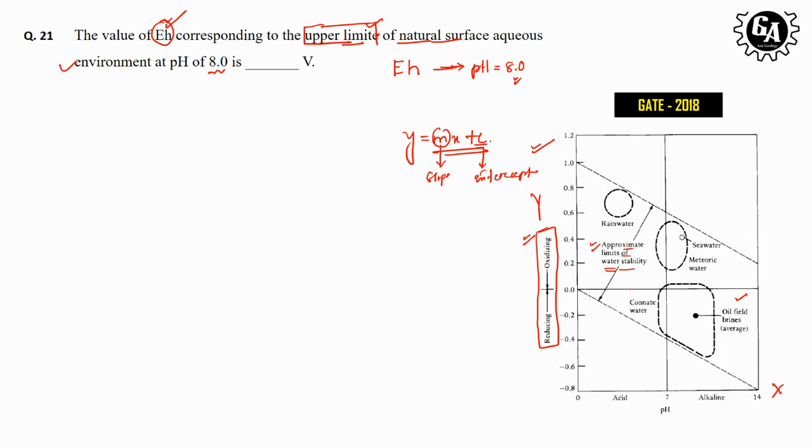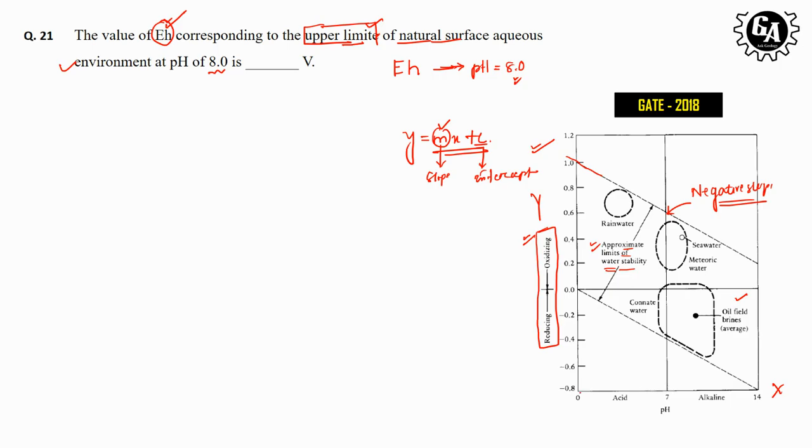You can see this straight line has a negative slope, that's why m is negative.